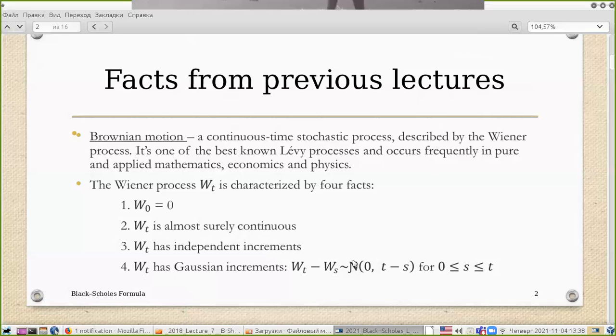It is denoted by N, and the mean of this distribution is 0, and the variance is t minus s, the difference between two times.